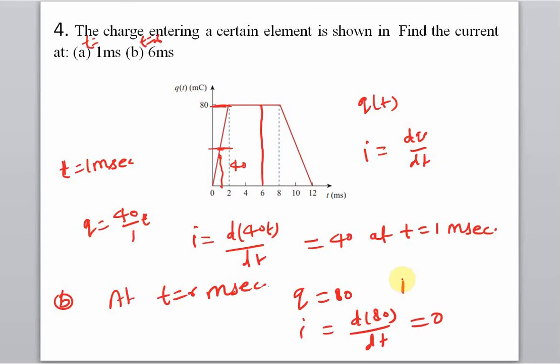It means at t equals 6 millisecond we have 0 current. Okay, thank you.